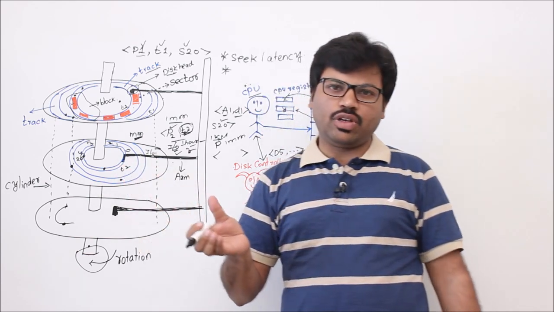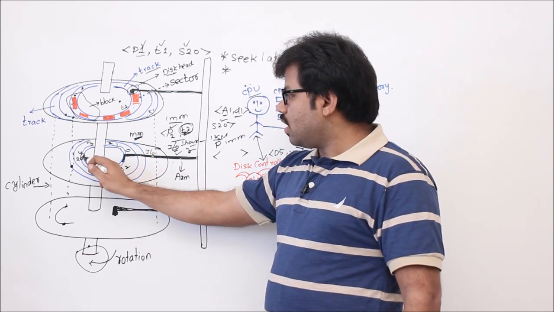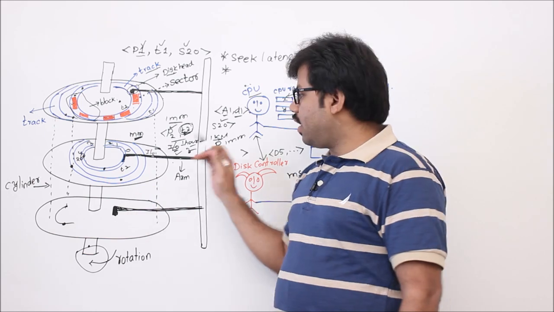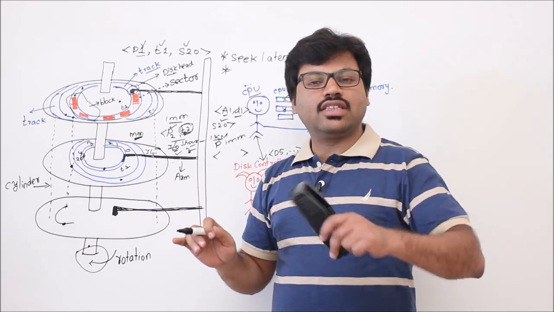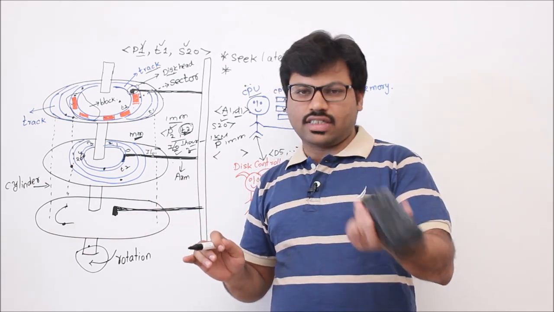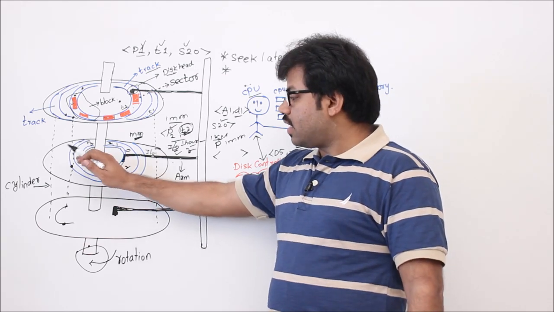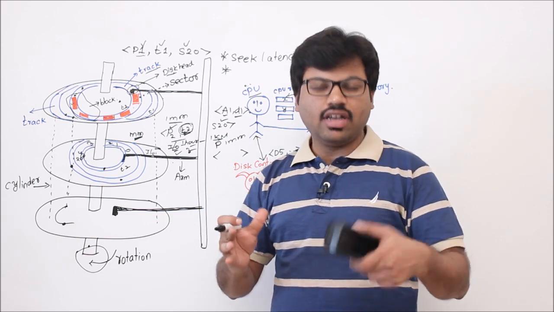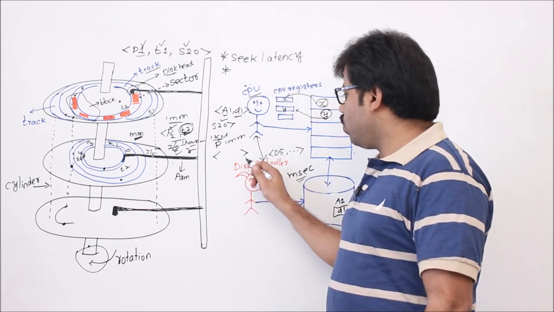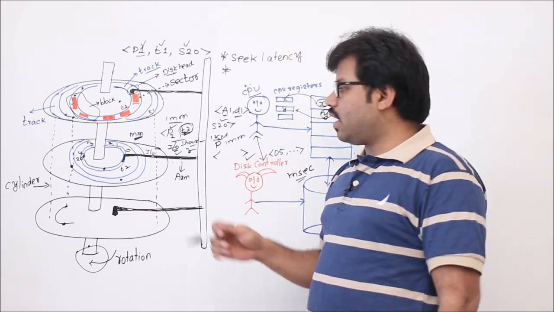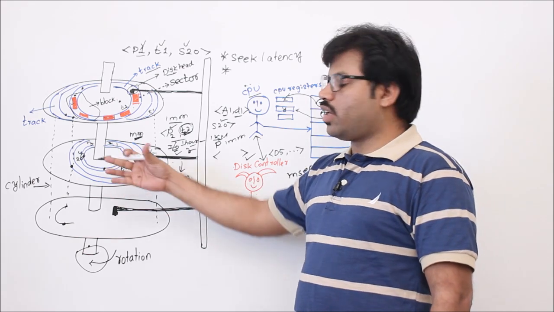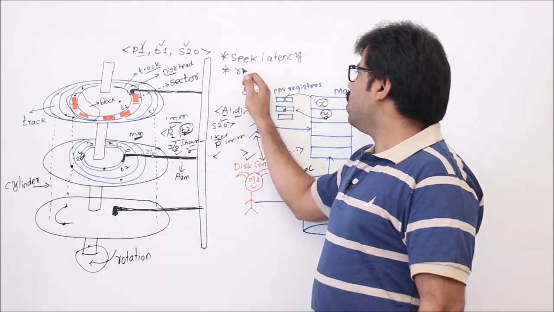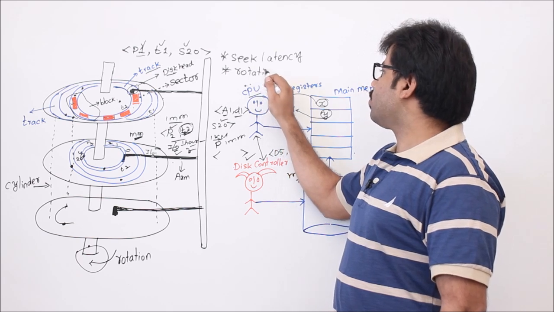That means the plate has to be rotated almost half a rotation, correct? Again, the disk controller knows where the sector number is, and for that sector number to come to this point, how long we have to rotate the plate, those details are known to the disk controller. So using that, the disk controller initiates rotation. That means this is actually rotational latency.